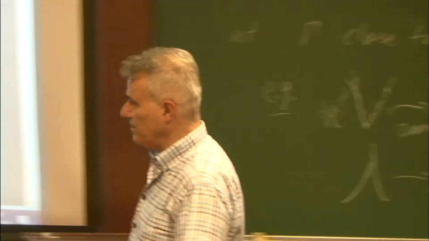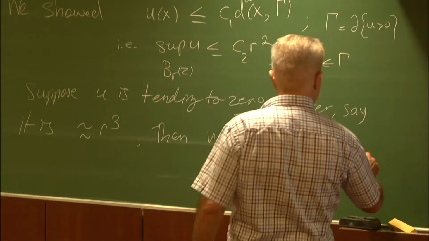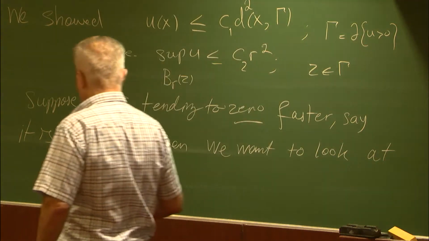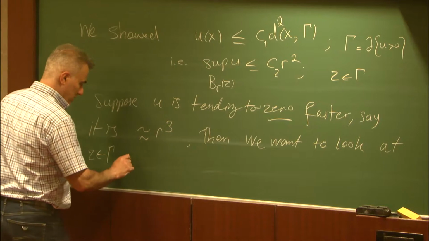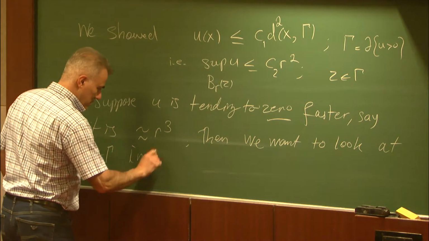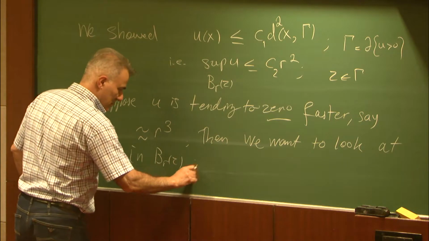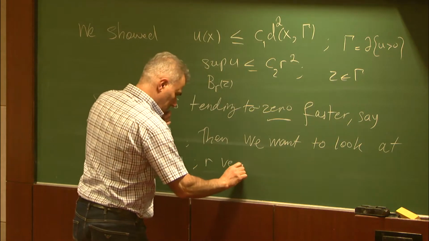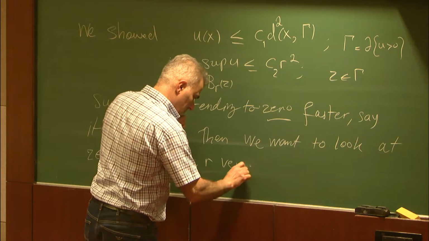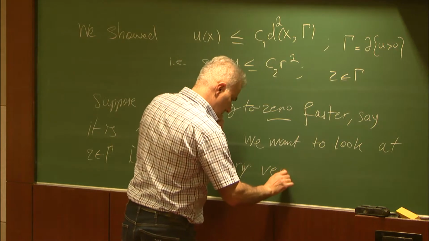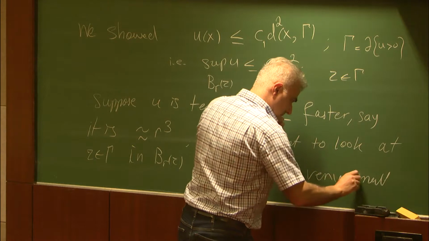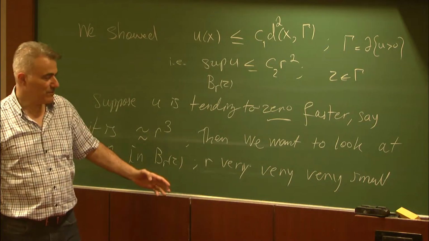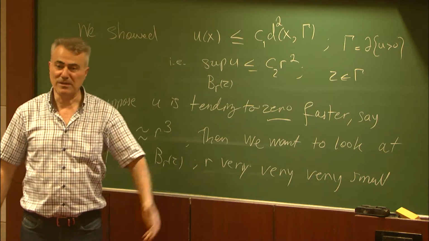So if you want to blow up, so you want to look at z and the free boundary u, very, very small. When I say very, very small, I'm going to have to limit.